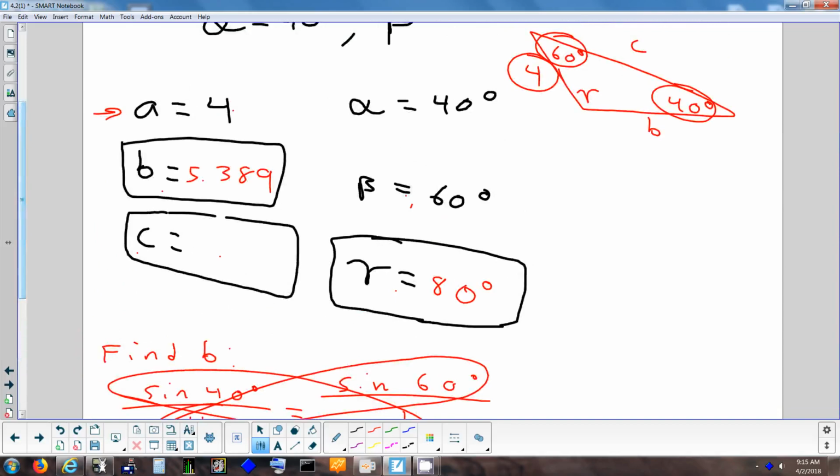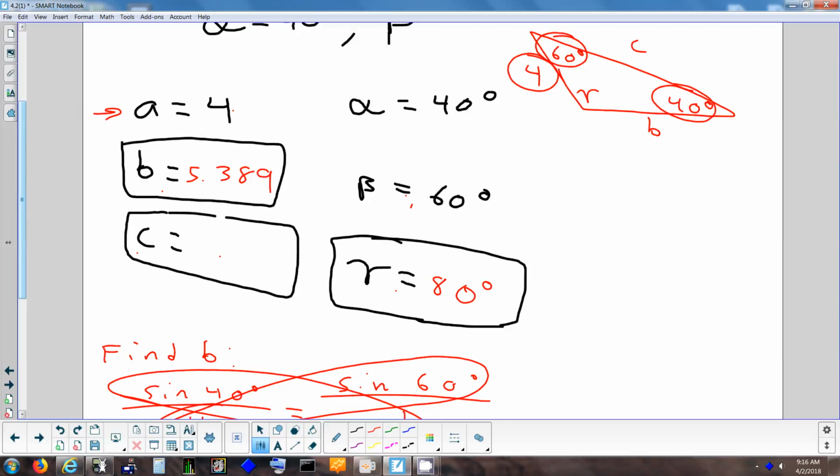All right. Now, one thing we have to be careful about is if you look at gamma, was gamma given to us or did we find it? We found it. So 2 weeks ago I said to you, if you found a piece of information, don't use it to find something else. Because if you found it and it's wrong, then whatever you use it for is also wrong. Well, this week there's no way to avoid that.